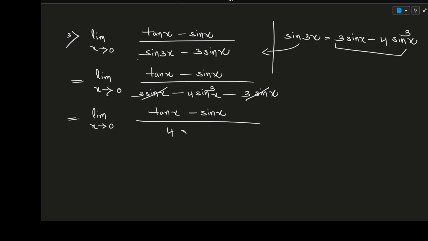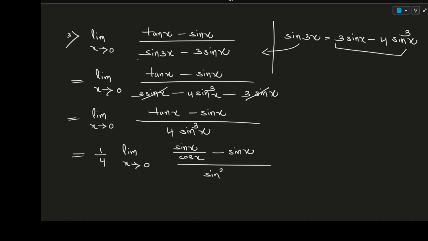So sin cube x. Taking 1 by 4 outside the limit. So I can write now tan x. In the denominator I will be left with sin cube x.